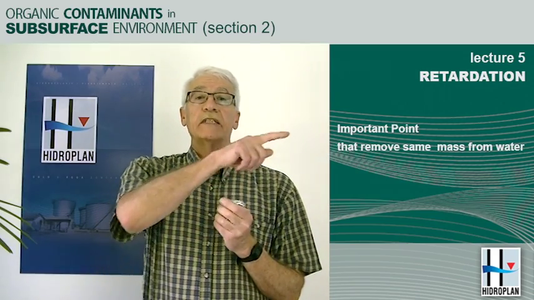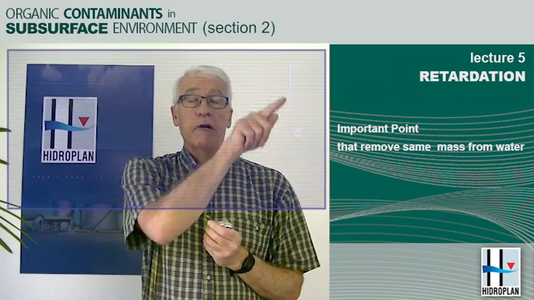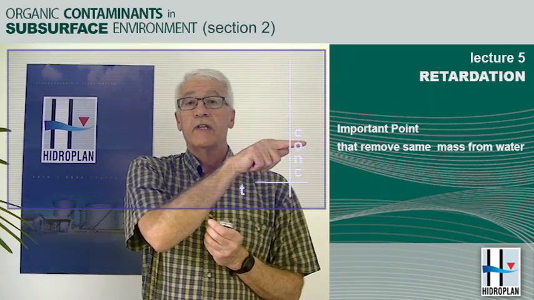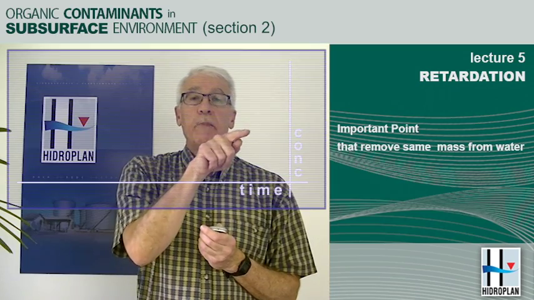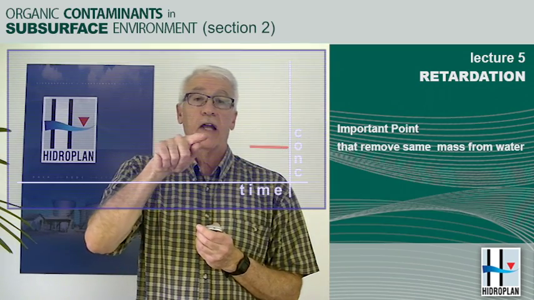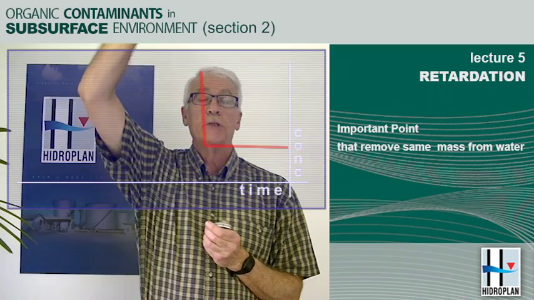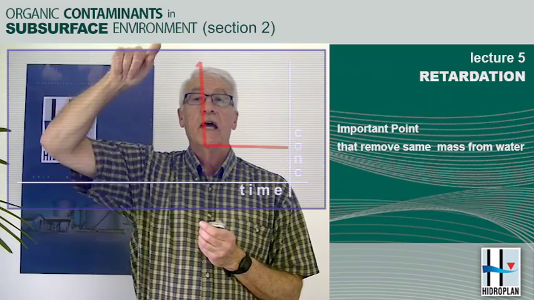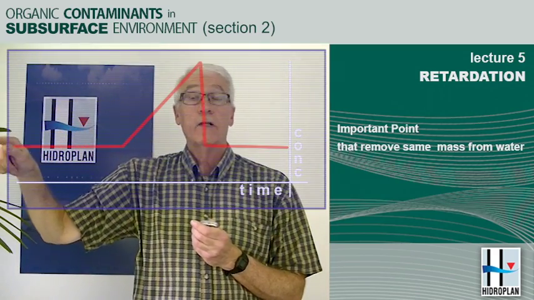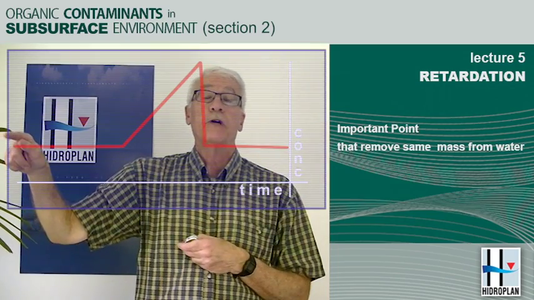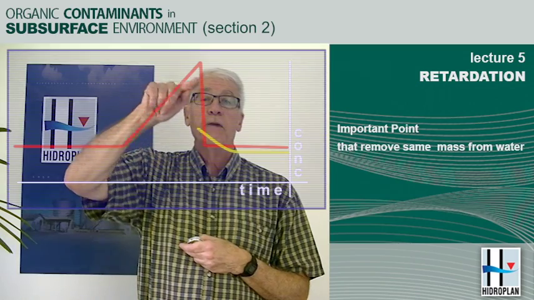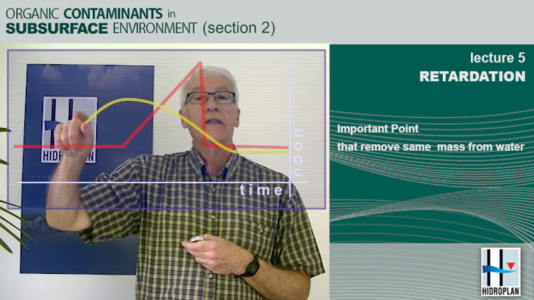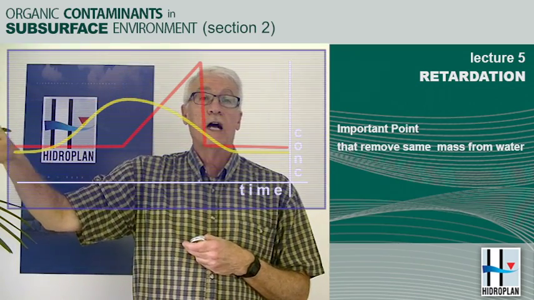So rather than the contaminant concentration versus time arriving at a well, rather than the contaminant coming along at low concentration, going up to a high concentration, and going lower at some later date when the source is removed, perhaps, retardation tends to reduce that maximum and spread the contaminant out for a longer time.